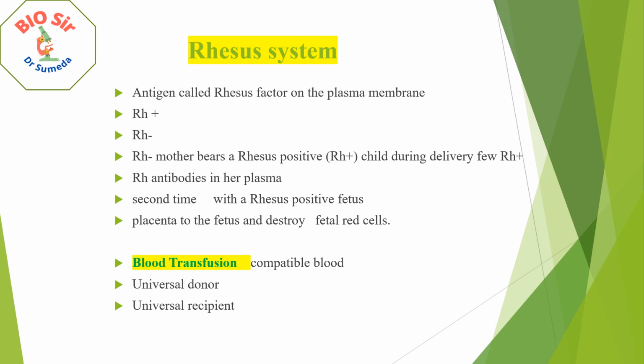The universal donor is O negative. And AB positive is the universal recipient, which means an AB positive person can take blood from any person according to the ABO and Rh systems. But there are other minor groups also, so we have to consider those things too.